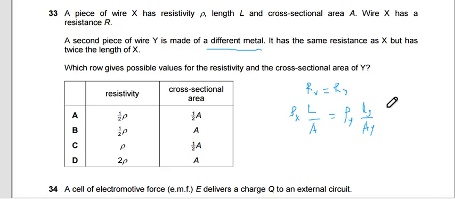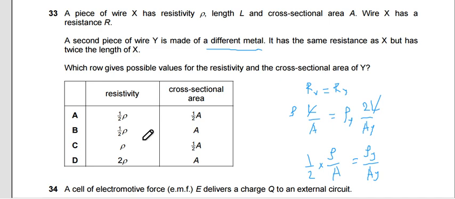Ly is twice the length of x, so we can write this as 2L, eliminating L with L, and we have rho y over Ay. This ratio should equal rho x, which is rho over A divided by 2, or multiplied by half.